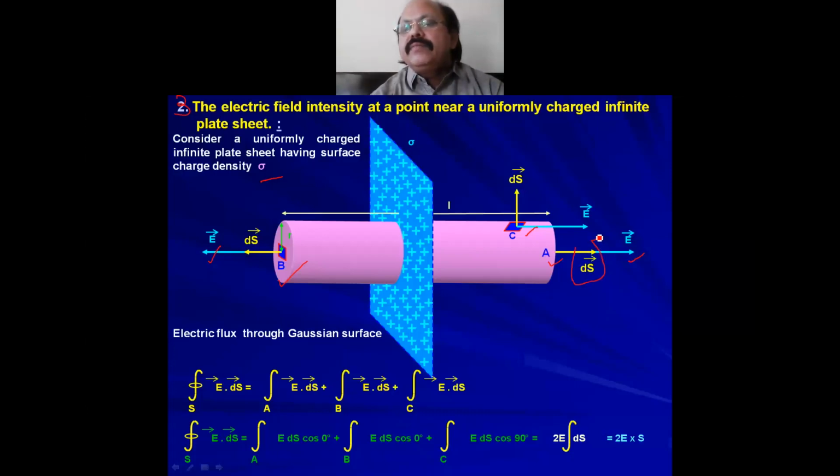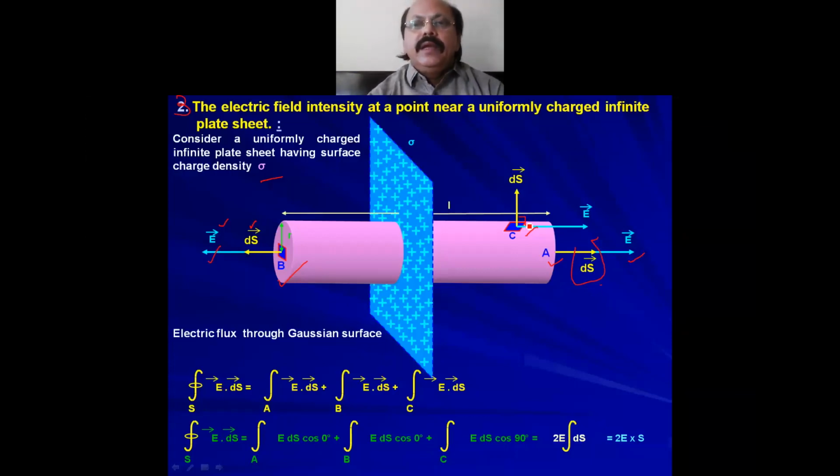So angle between them is 0. Similarly, at flat surface B, the direction of electric field intensity and the area vector is the same, so angle between them is 0. Whereas in case of the curved surface, angle between area vector and electric field is 90 degrees.